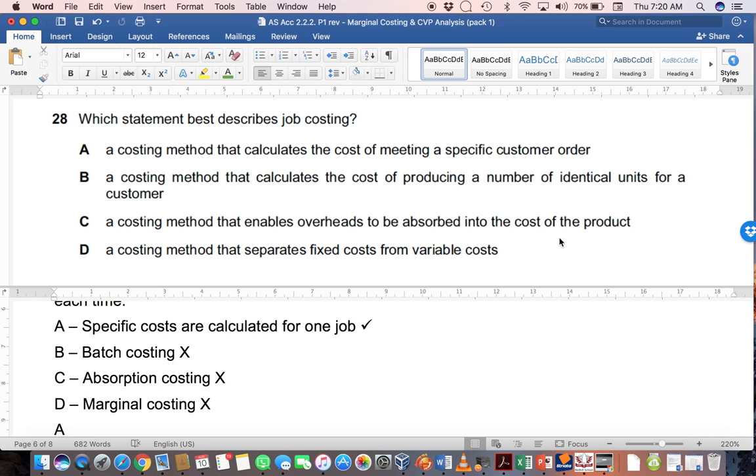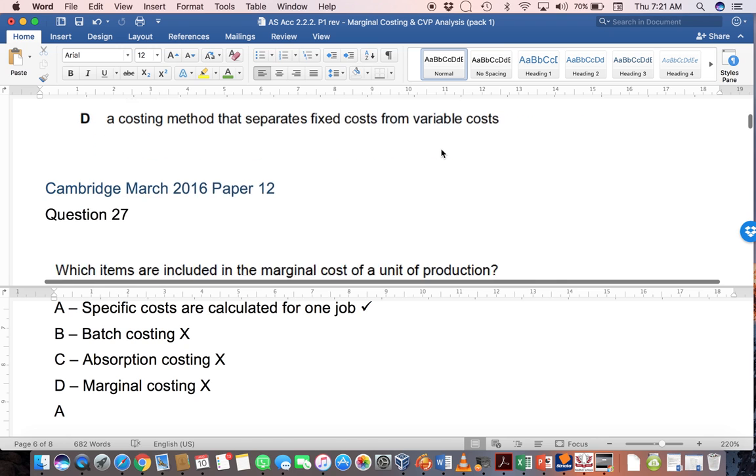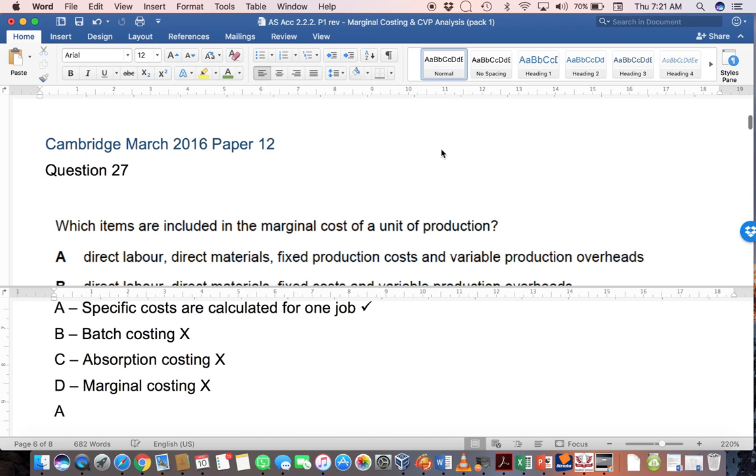C, a costing method that enables overheads to be absorbed into the cost of the product. This is an explanation of absorption costing, and so that's not going to be our answer. And lastly, a costing method that separates fixed costs from variable costs is actually a description of marginal costing. So, as we saw at the beginning, we would want to choose A as the answer.